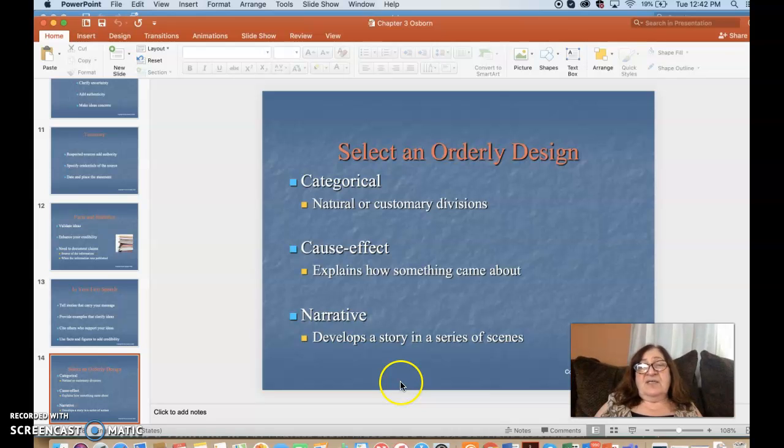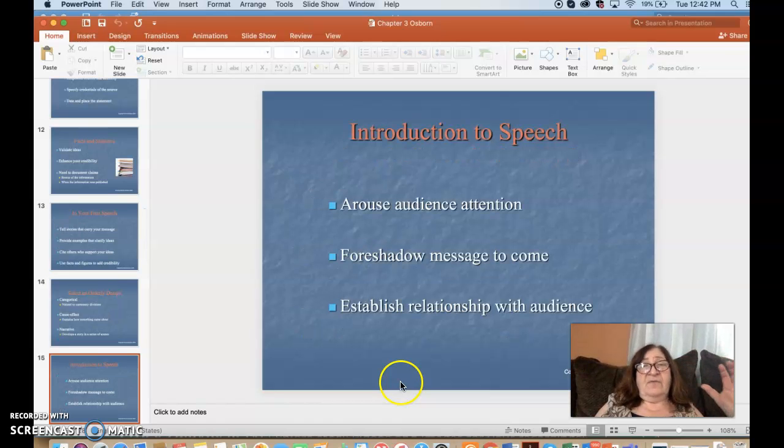And the narrative is building a story through a series of scenes. So in a narrative structure, you just tell episodes, tell anecdotal information, and the audience follows you, thus learning your point.